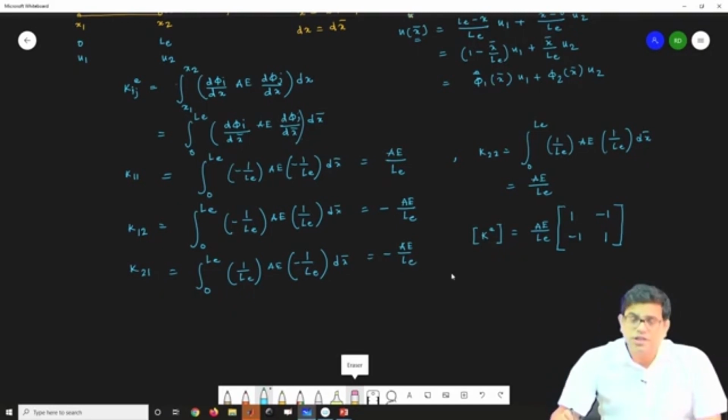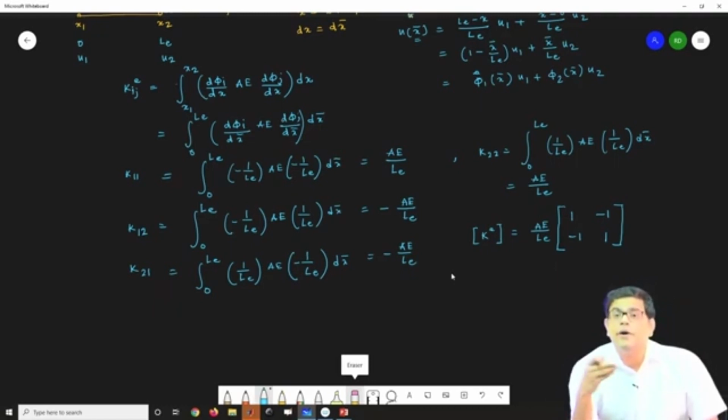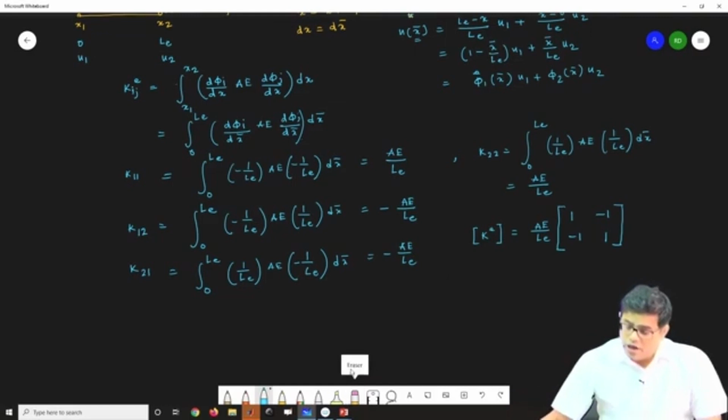This is more general, in that it not only tells us how the stiffness matrix will look, but also how the shape function, or how the displacement, will vary within the element. This is one of the major things we achieve in the finite element procedure.